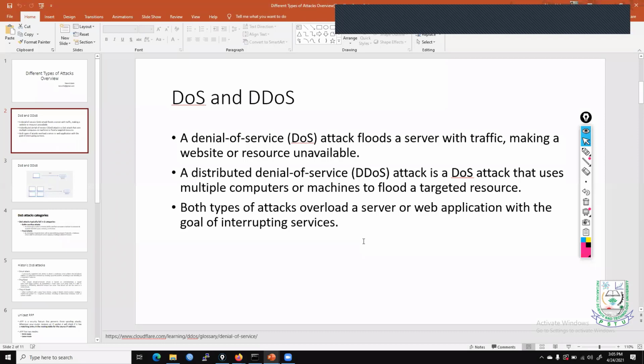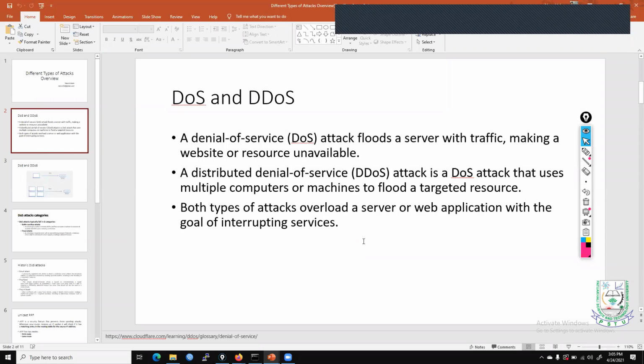The primary focus of the DoS attack is to oversaturate the capacity. When we run a machine, the machine has some capacity.